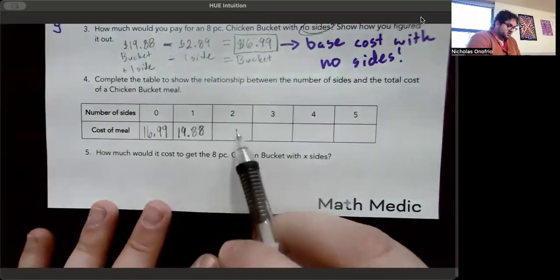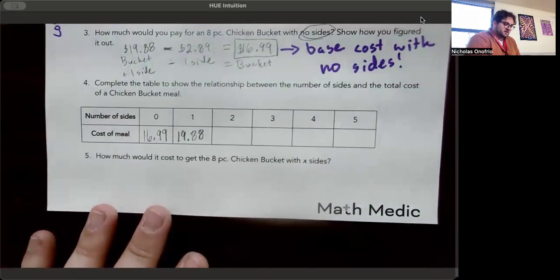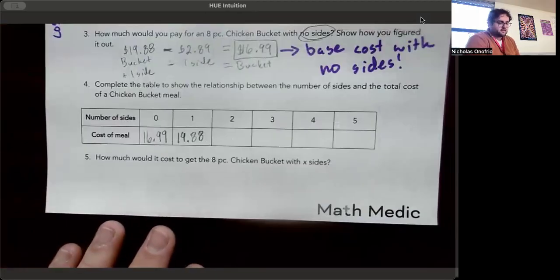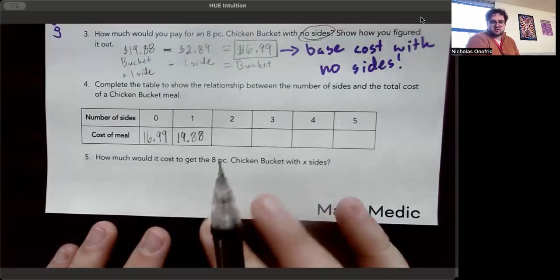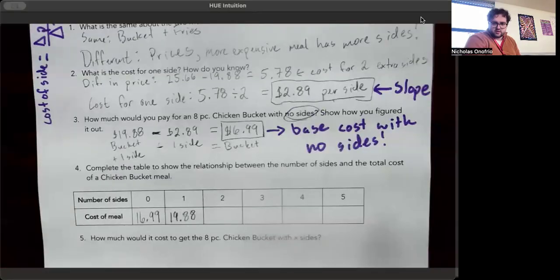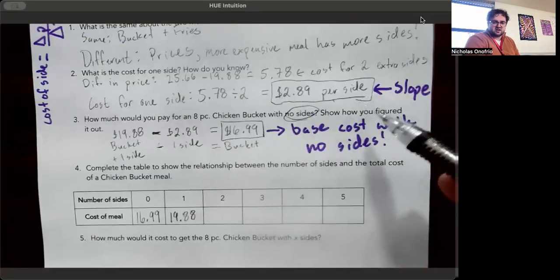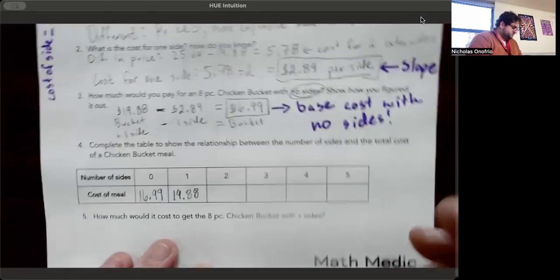Now, let's look at our next one. 2 sides. They don't give us that in our problem. So what we have to think is, okay, how much does a side cost? Luckily for us, we figured that out already. Each side is $2.89.